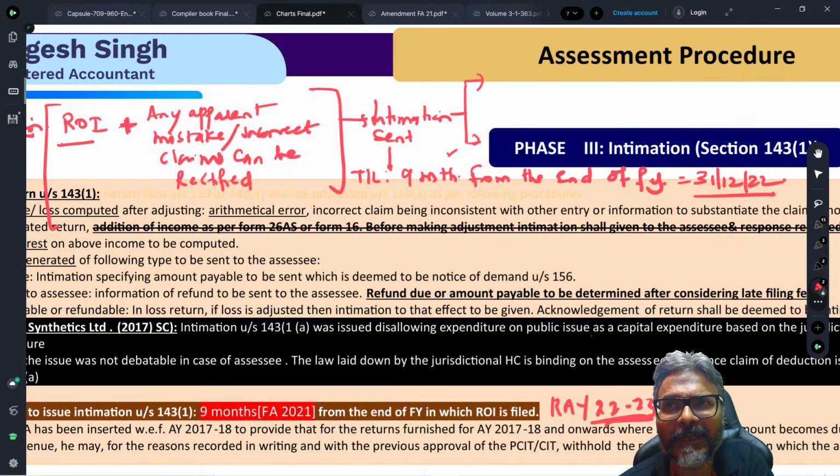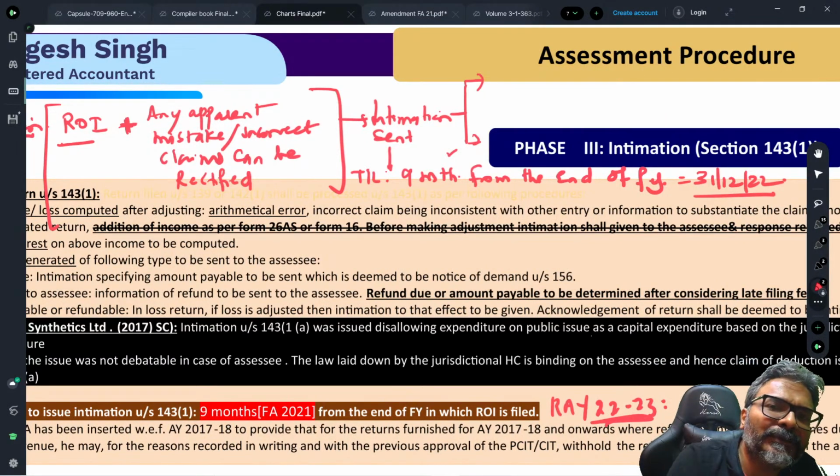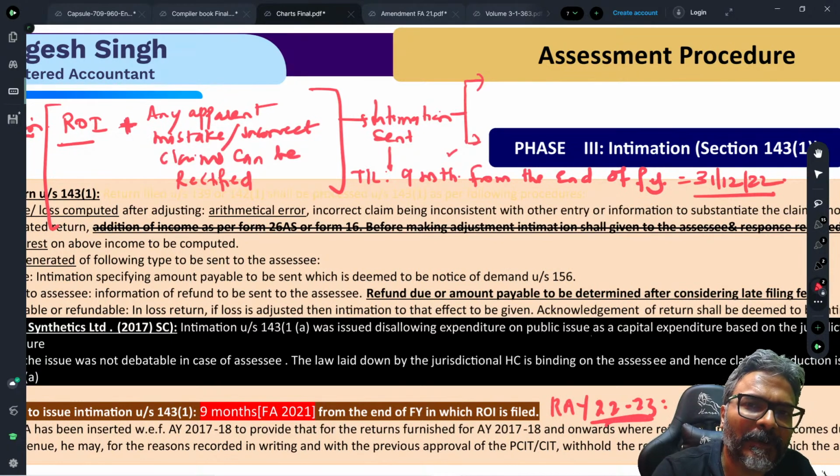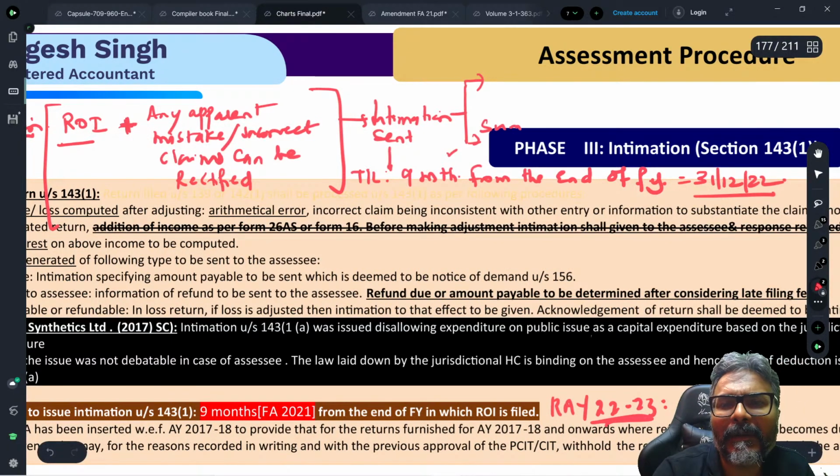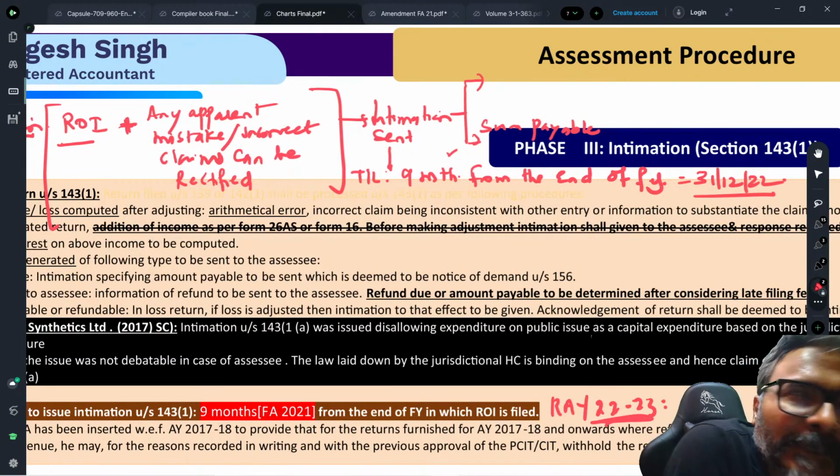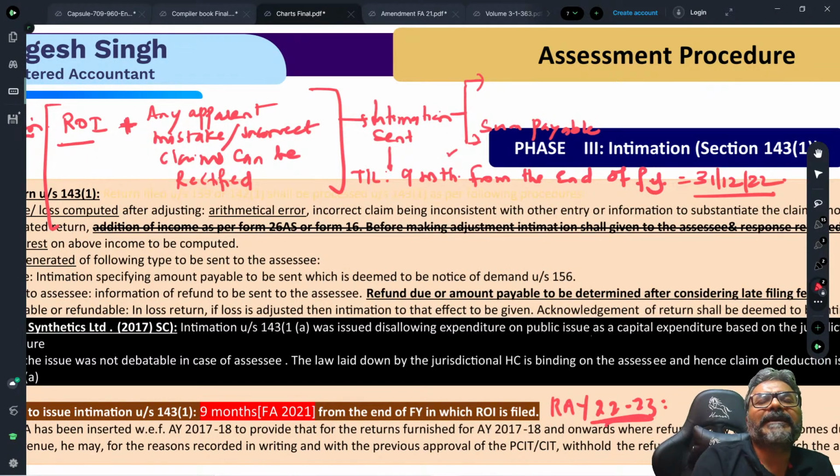But apart from that, there are two possibilities. One is that a sum becomes payable on the basis of the ROI or on the basis of any arithmetical mistake corrected through the intimation process.